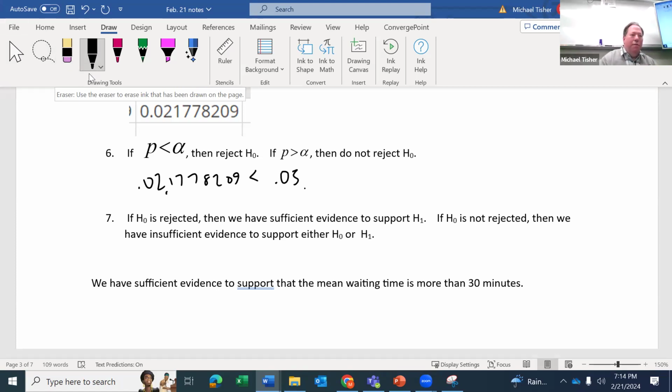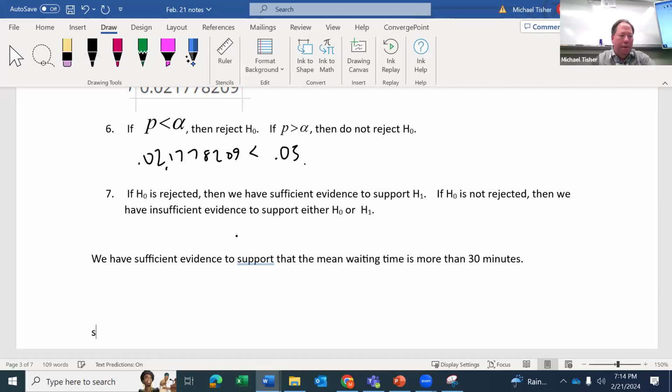The confidence level is 95%, which means we're assuming that things are normal 95% of the time.